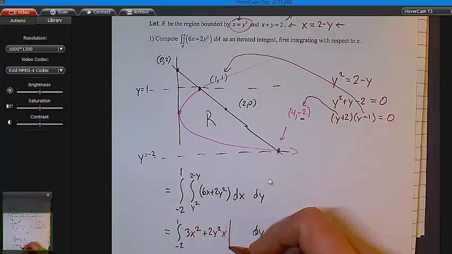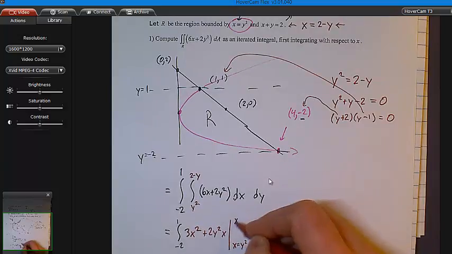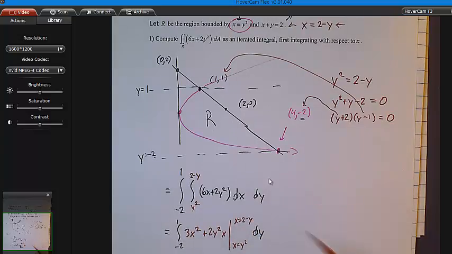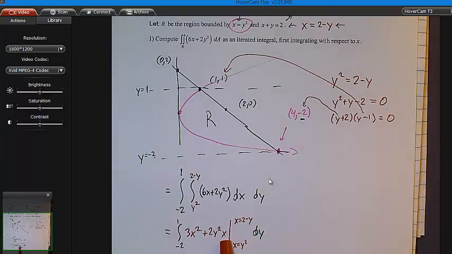And now what happens is you have x equals y squared, and you have x equals 2 minus y. And so you use the fundamental theorem, good old f of b minus f of a, right? I'm going to plug a 2 minus y in everywhere there's an x. Oh, that algebra gets a little bit dicey. And I'll plug in a y squared everywhere I see an x. But in the end, I'll have some big, ugly polynomial in y that I can integrate dy.